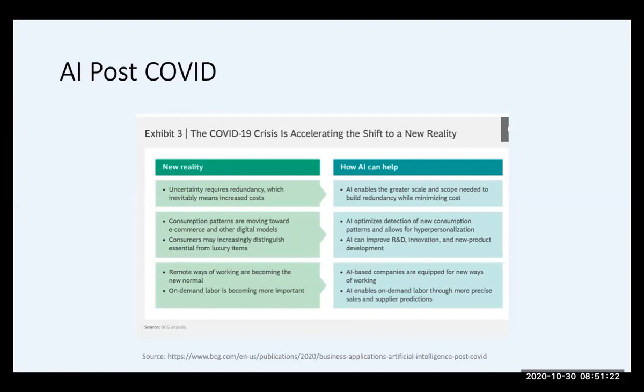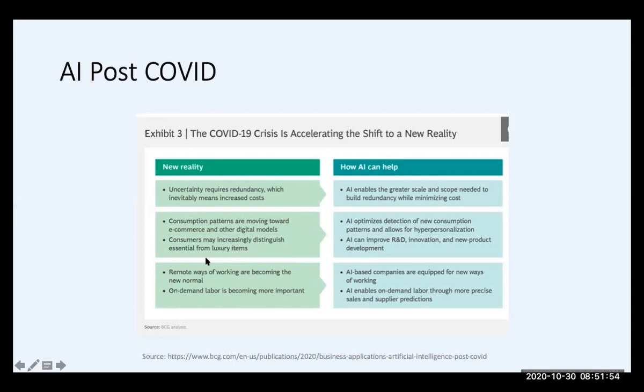If I look at consumer behavior in the United States until March 2020, it was different from the behavior after that, right? AI can identify those new consumption patterns pretty well, and can help businesses with hyper personalization.